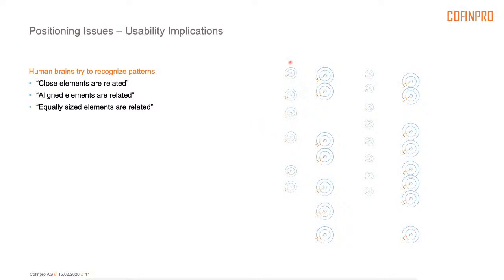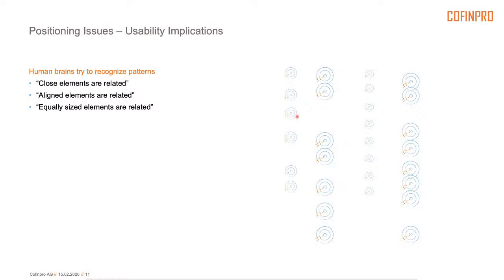If you take a look at this picture or at the screen to the right, you can see they are somehow vertically aligned, and you might think, okay, there has to be something behind it. They are not lined up beautifully like that without any reason. There must be a meaning behind it.